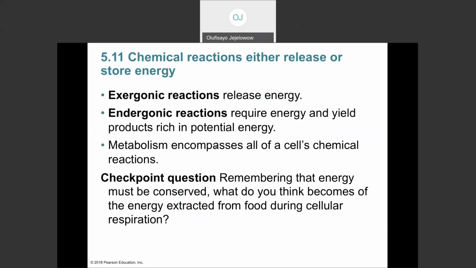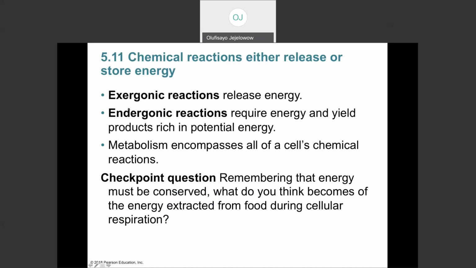So chemical reactions take place constantly in the body as matter is exchanged and energy is generated and transformed. Chemical reactions taking place in the body can either release or store energy.